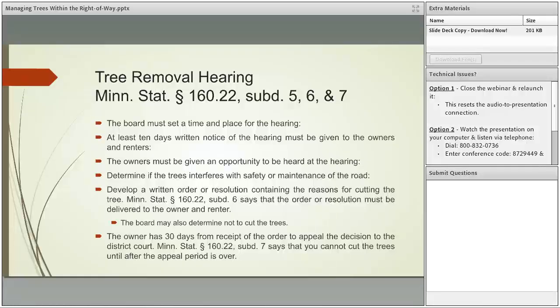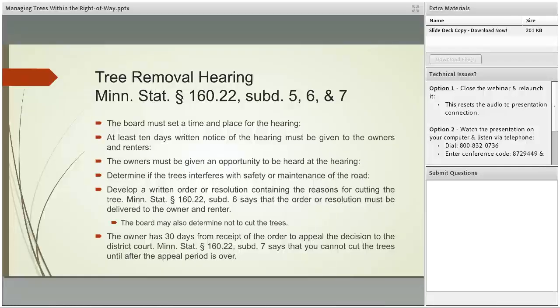And then after that, if the town board develops a written order and has everything finished that night, which is unlikely but possible, the town board cannot remove the trees until 31 days after that 27 days.